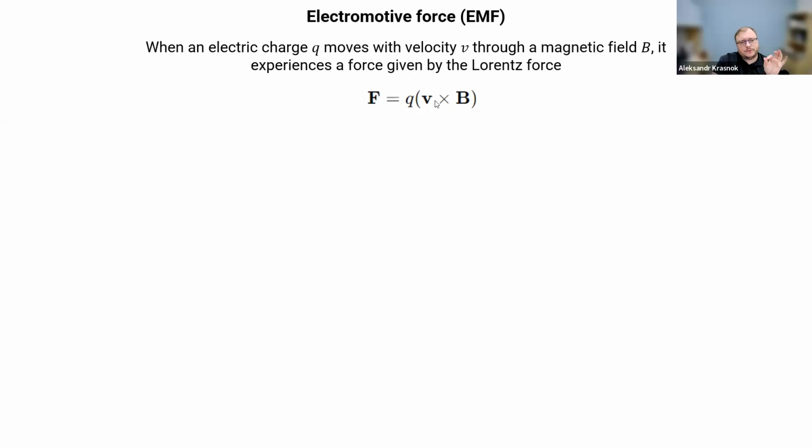Another point to notice here is that if the charge is standing, so no movement, the force is zero. So magnetic field acts only on moving charges. Okay, so if charge doesn't move, no effect of magnetic field. Without these moving charges, it is impossible to detect magnetic field.